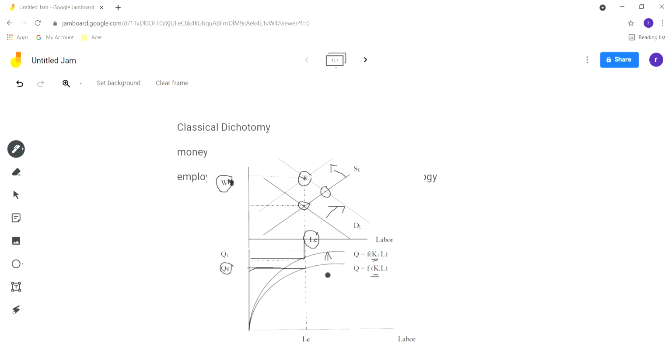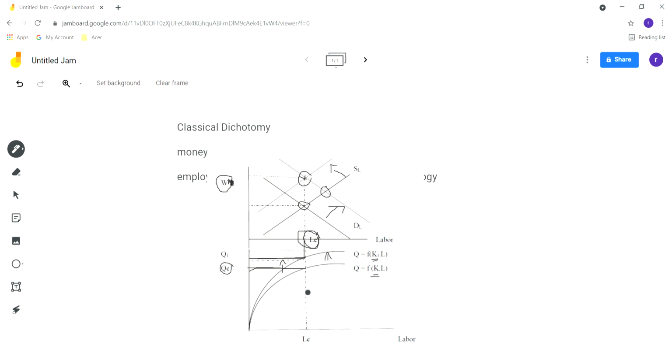So with an upward shift in the production function, more output could be produced. That is, Q1 level of output could be produced with the same level of labor LE, and without increasing the labor, output has increased by QE Q1. So why has this happened? Because there was an increase in the capital stock, which is a real variable.